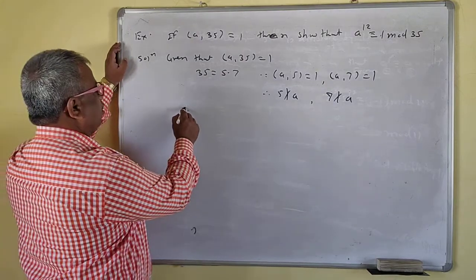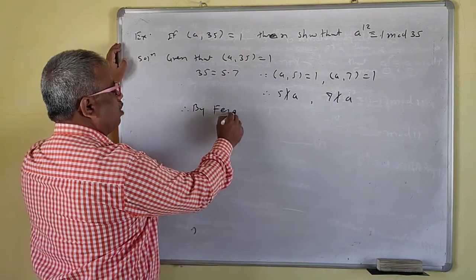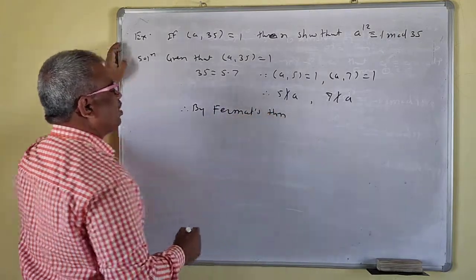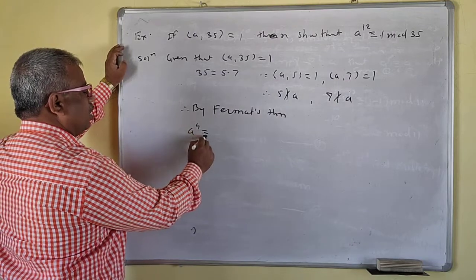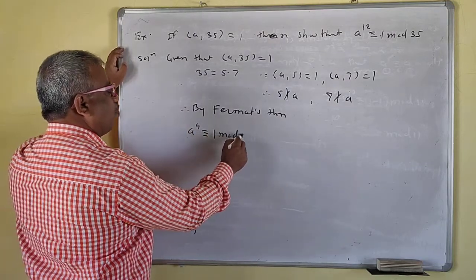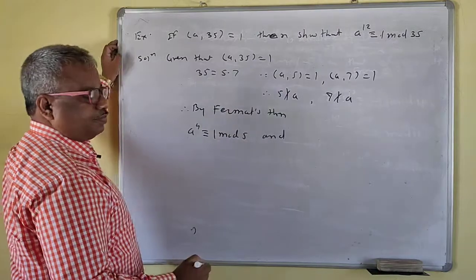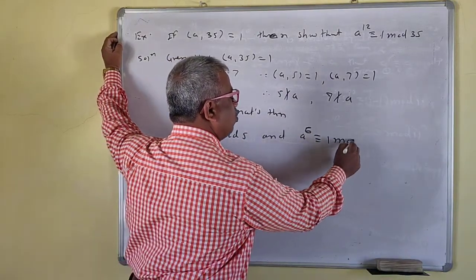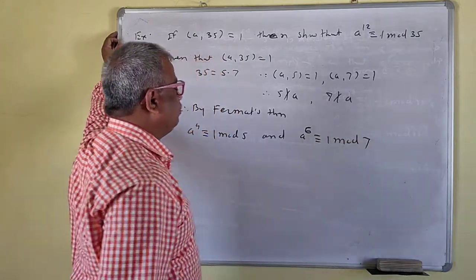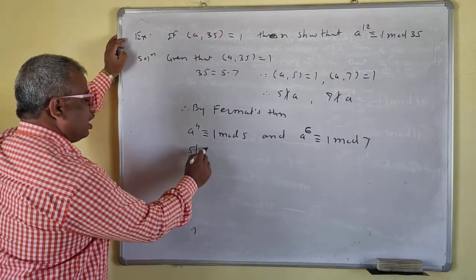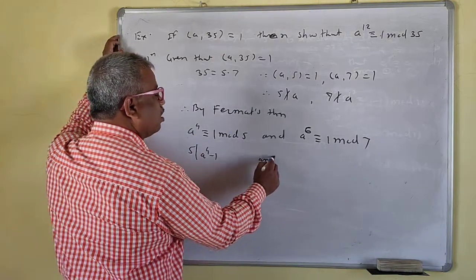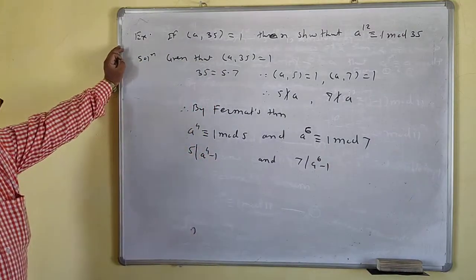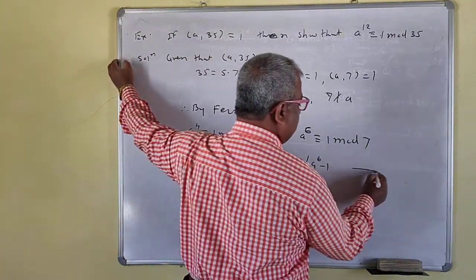Therefore by Fermat's theorem, a raised to 4 is congruent to 1 mod 5 and a raised to 6 is congruent to 1 mod 7. So 5 divides a raised to 4 minus 1 and 7 divides a raised to 6 minus 1. I will call this 1.